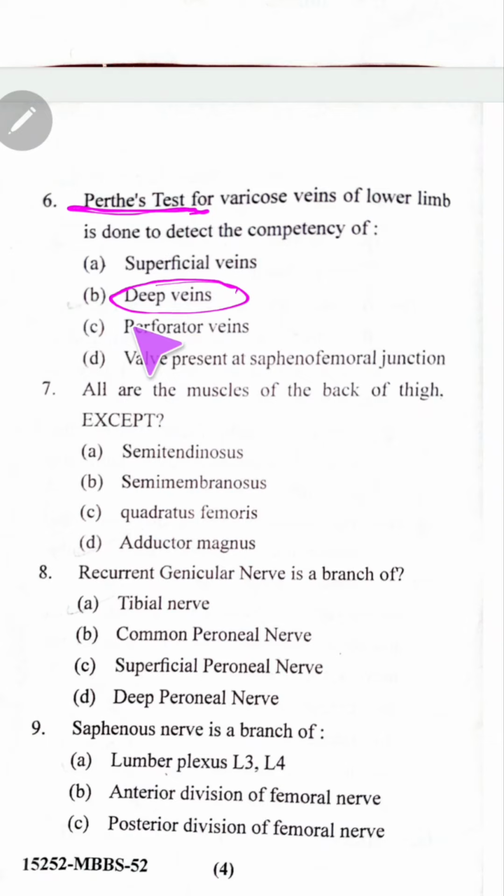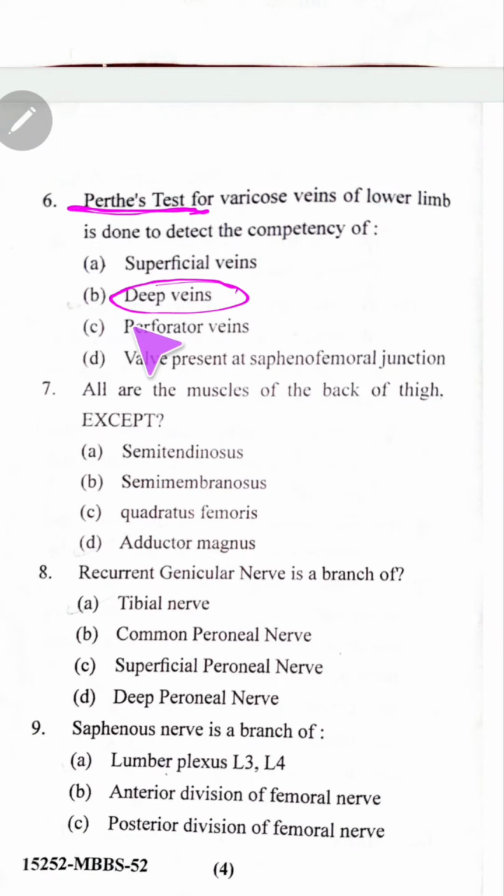Perthes test is like tying an elastic or tough bandage from the toes to the upper one third of the thigh, so that your superficial veins all get compressed and the venous blood reaches the deep veins, and you ask the subject to walk for around 5 minutes. If the deep veins are competent and there is no thrombosis, the venous blood will be sucked up.